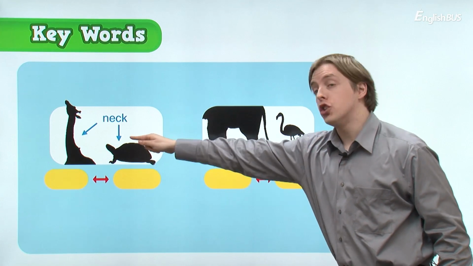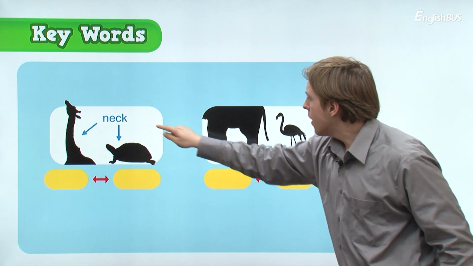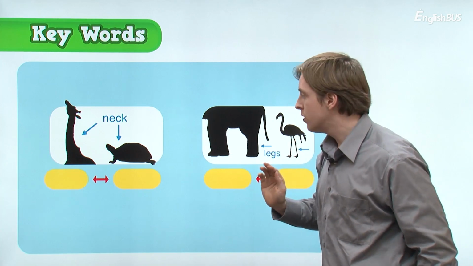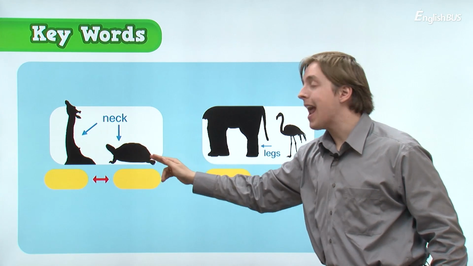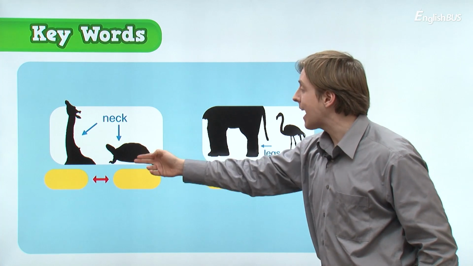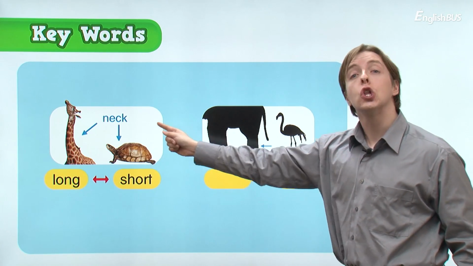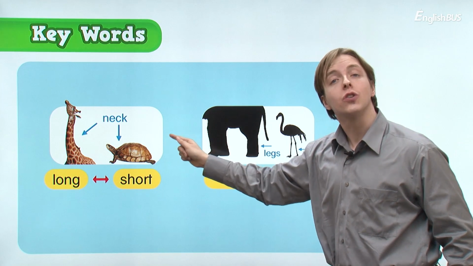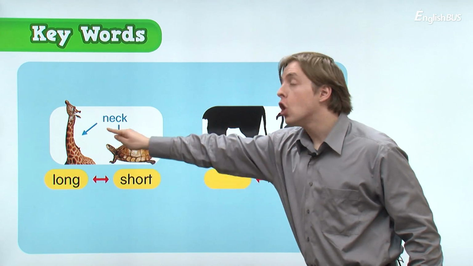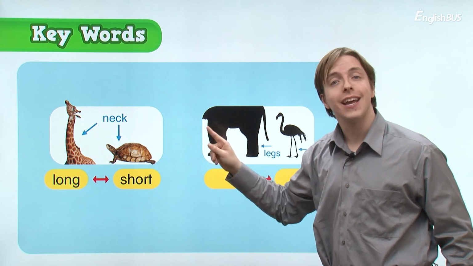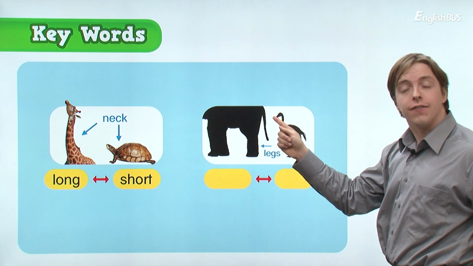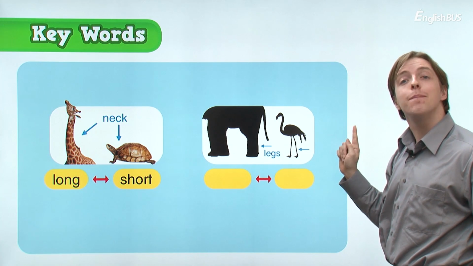So here we have a giraffe again, but look, it's pointing specifically at the necks of these animals. The neck of a giraffe and a turtle. So here we would say the neck of a giraffe is very long and a turtle's neck is very short. So we would use the word long, not tall in this case. Here we have an elephant again and a flamingo.